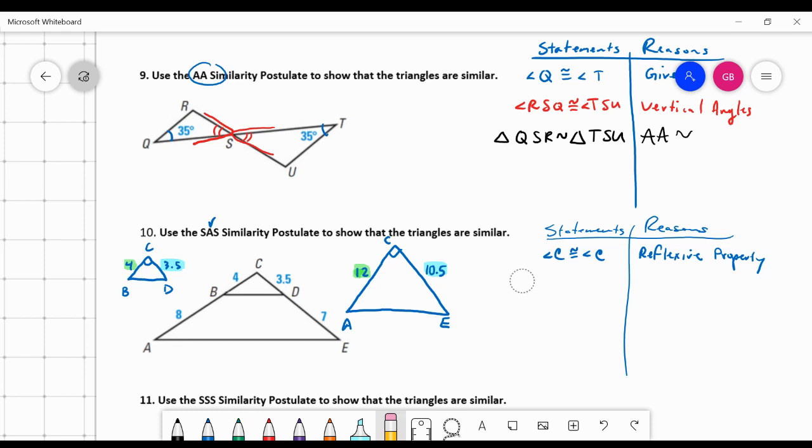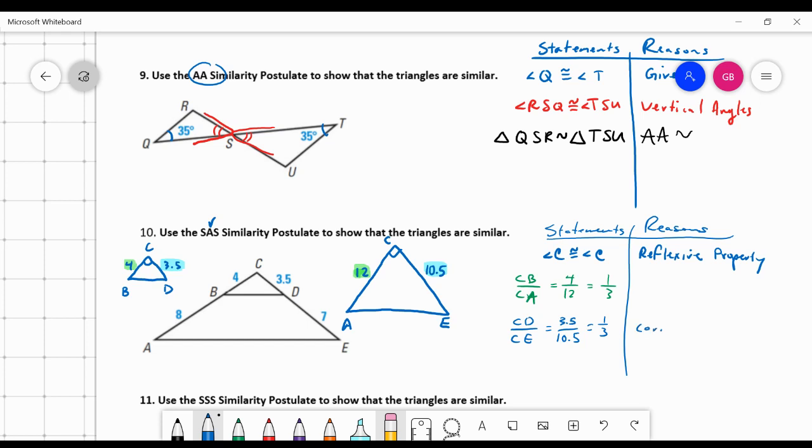So CB, let's do this in green. CB over CA is 4 over 12, which is 1/3. And then CD over CE is 3.5 over 10.5. And here I could divide the top and the bottom by 3.5 to get 1 over 3 as well.